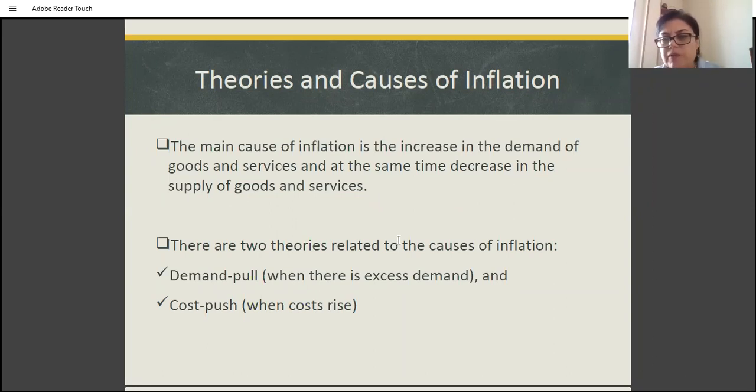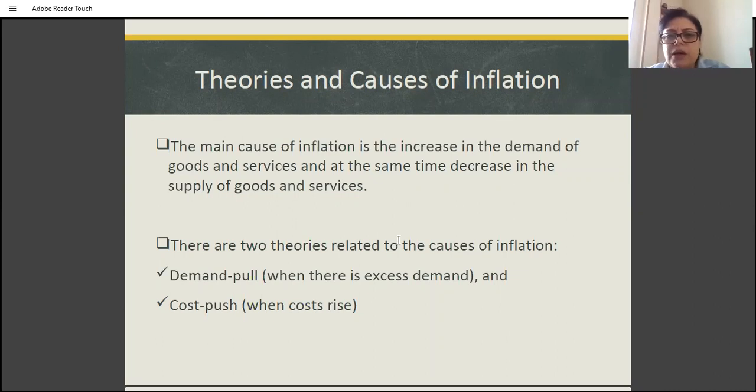In economic theory, in terms of the causes of inflation, we discuss two types of inflation, or two theories that try to explain the process of inflation. The first one is demand pull inflation, and the second one is cost push inflation.